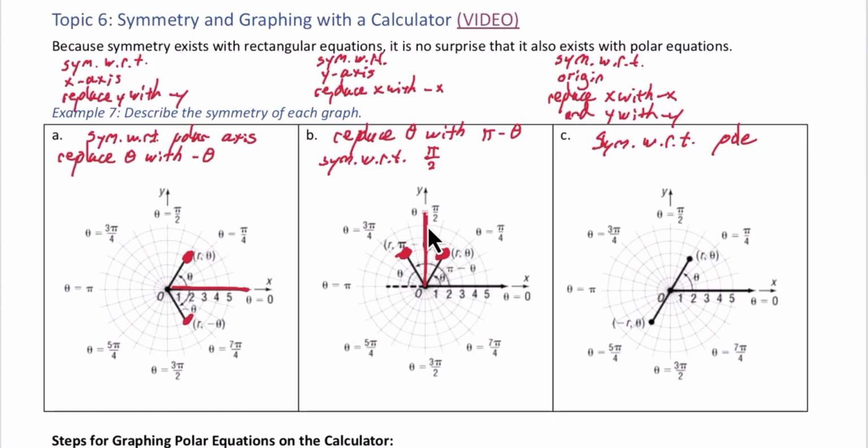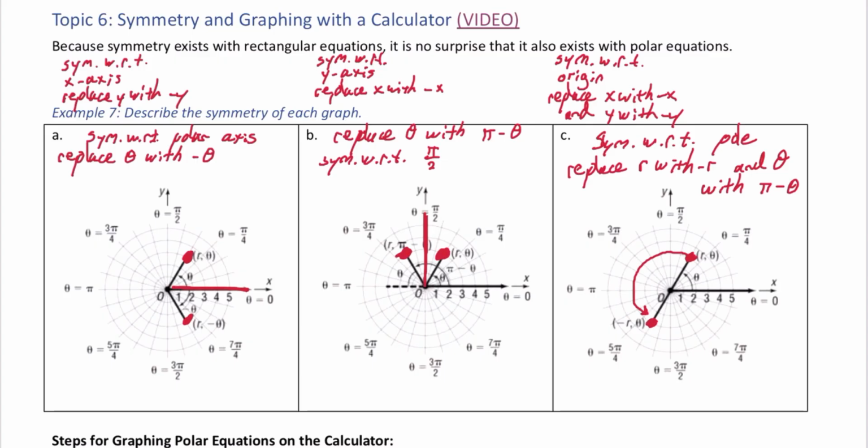Here we replace r with negative r and theta with pi minus theta. So you replace both of those, and if the result is an equivalent equation, then we know we have symmetry about the pole, or origin, in the rectangular system. This one's a little bit harder to see because it's rotational symmetry, but notice that this point is down here.